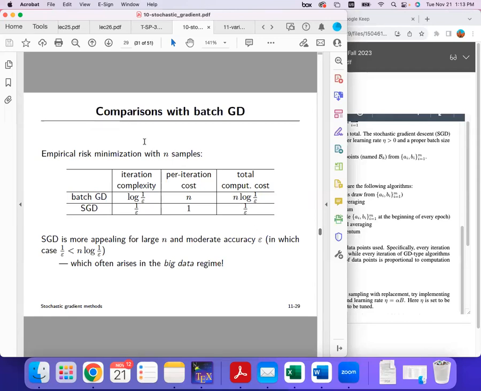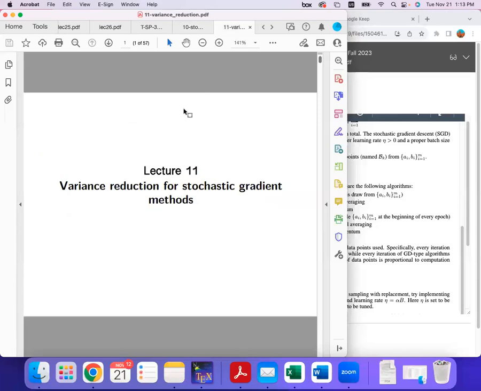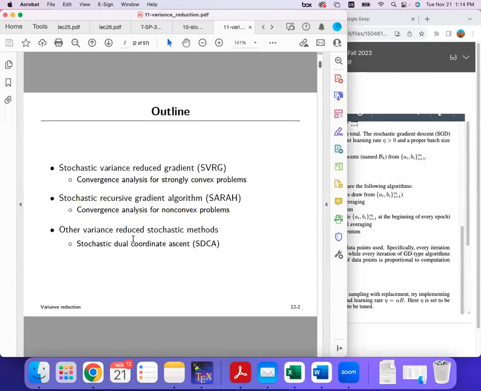So that is the motivation for the next lecture. We are going to introduce several interesting variance reduction techniques to accelerate the convergence of stochastic gradient descent and analyze their convergence. I think these are the three: SVRG, SARAH, SDCA. But I think the first one is the most widely used one.